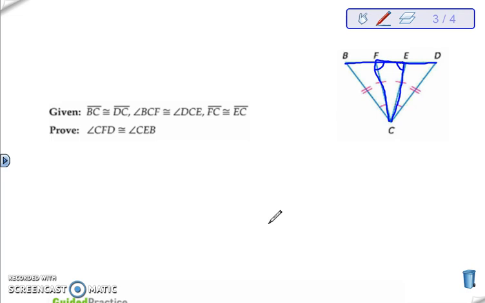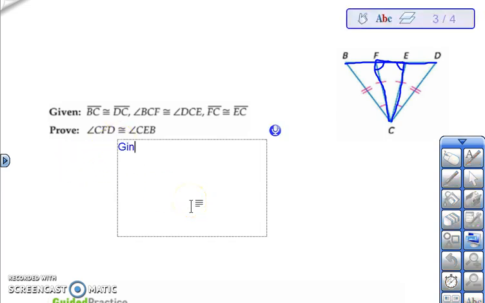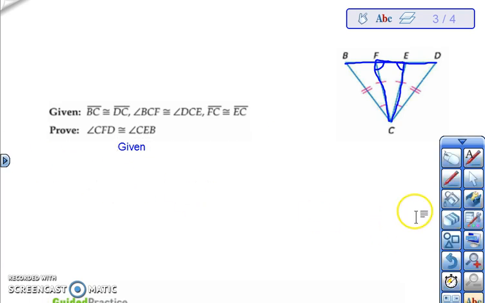I'm going to do the method with congruent triangles because I want to show you guys how that works. So just like before, we're going to start with our given statement. For the sake of time, I'm just going to type it out as given, and then I'll draw a little arrow in a minute to put it where it needs to be.